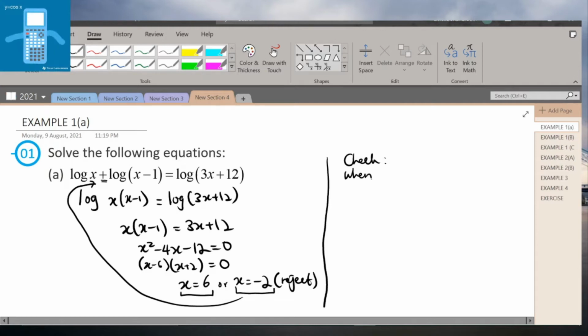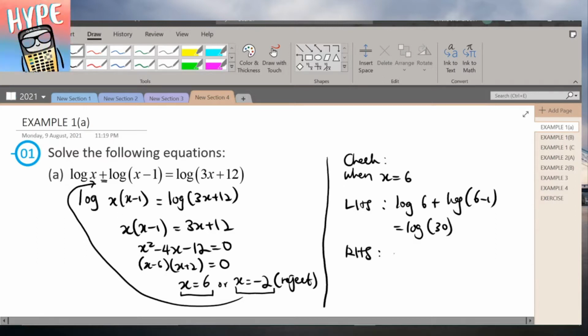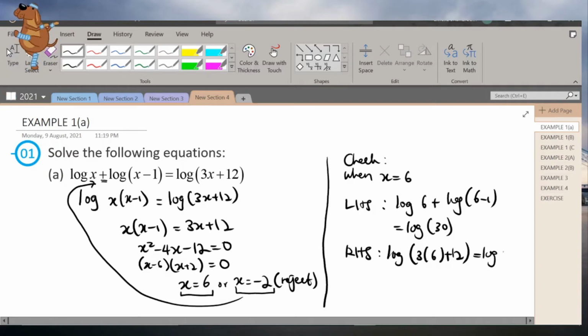When x is equal to 6, the left hand side will be log 6 plus log (6 minus 1). This will be log 30. The right hand side will be log (3 times 6 plus 12). This will yield log 30. So now we have that left hand side is equal to right hand side. That means our answer is x is equal to 6.